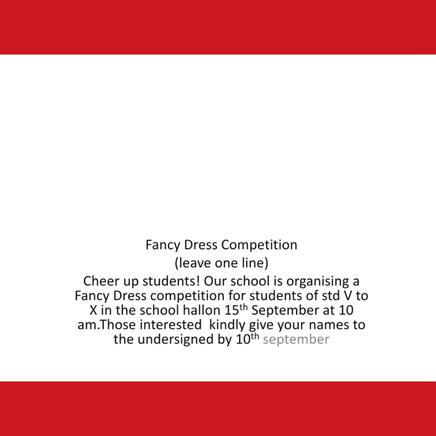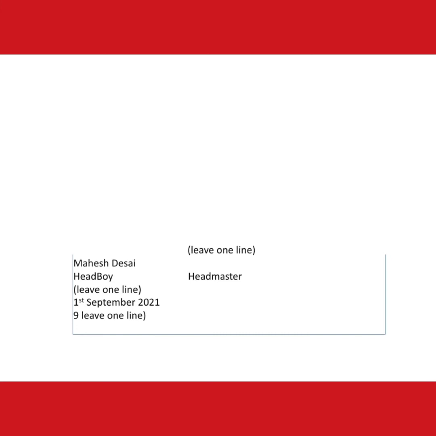After we have finished with the body of the notice, we leave one line and write the name of the person who has written the notice. In the question it was given, you are Mahesh Desai. So since Mahesh Desai is writing the notice, you leave one line and write Mahesh Desai.